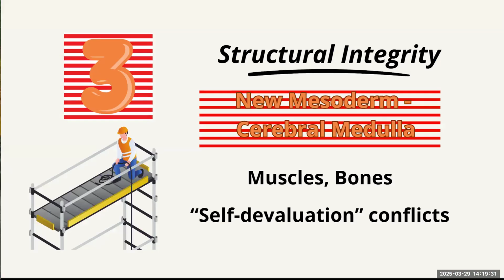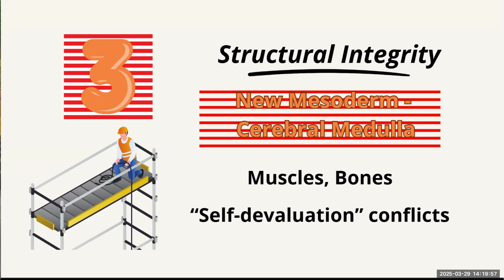Now, the third layer is all about structural integrity. The muscles, the bones, the lymphatics, the arteries live here. And because it's all about integrity, symbolically, our personal integrity, the conflicts that will be related to that will be all about self-evaluation.